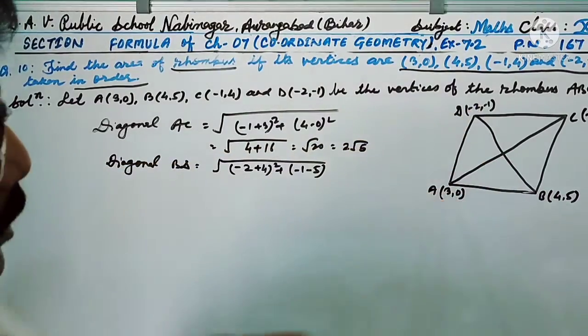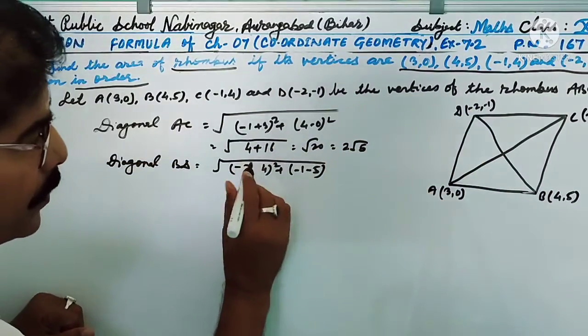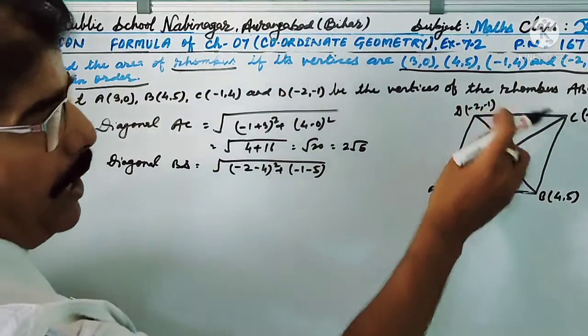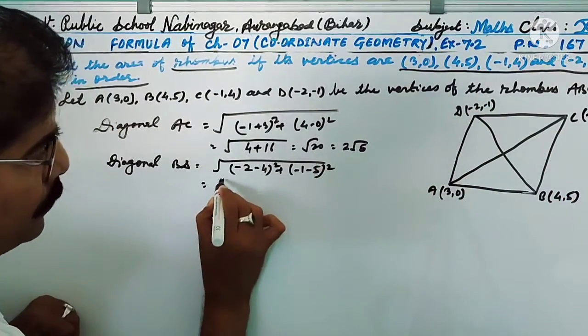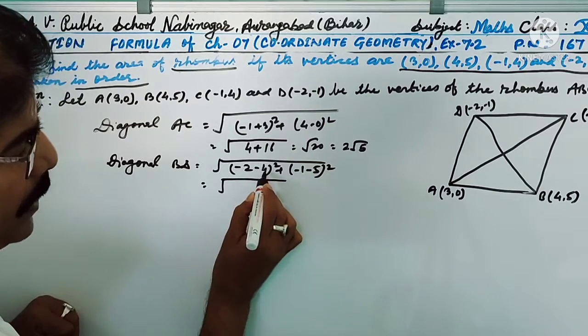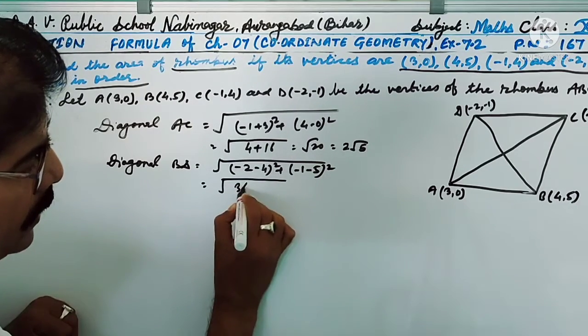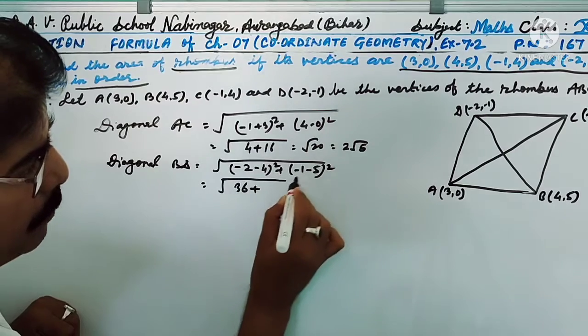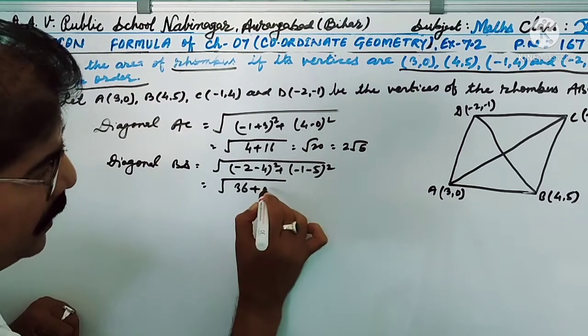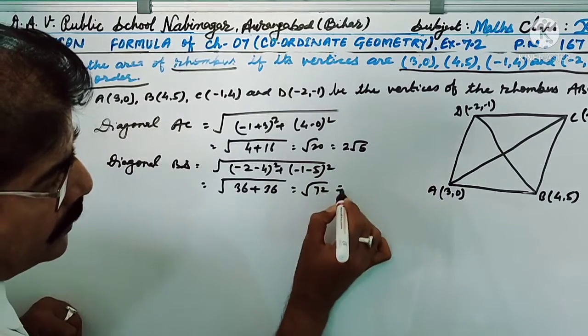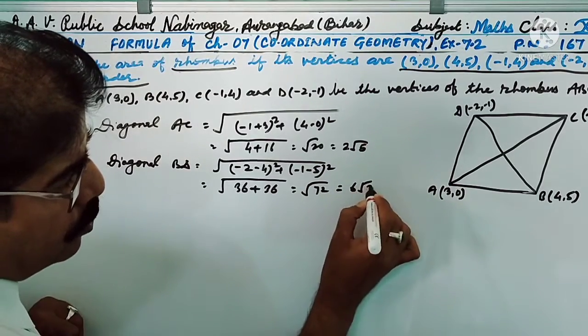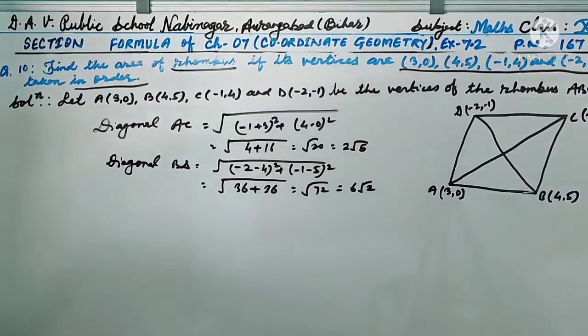So -2 - 4 = -6, square 36, plus -1 - 5 = -6, 36, that is 72, 36 times 2, that means 6 root 2.